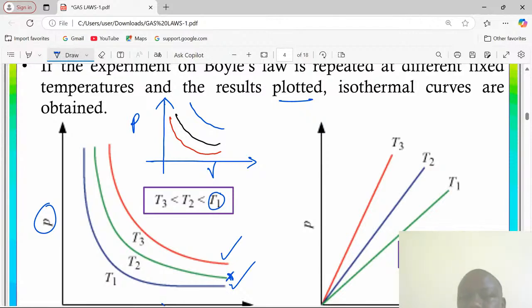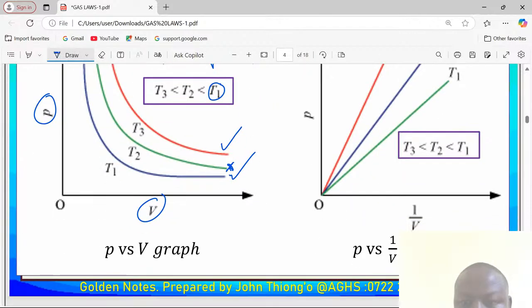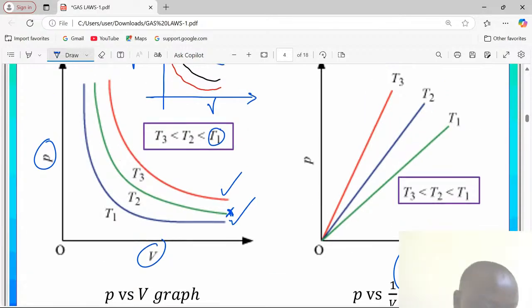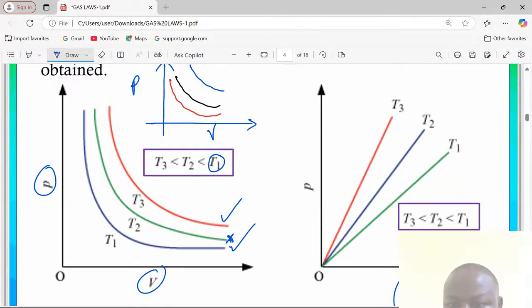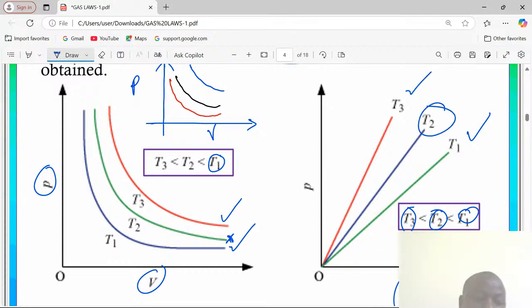Now, if we take the reciprocal of V, then we are going to get straight lines. And again, you can see if you repeat when temperature 3 is less than temperature 2 and temperature 2 is less than T1, this means T1 is the greatest, T3 is the least, and T2 is the average.